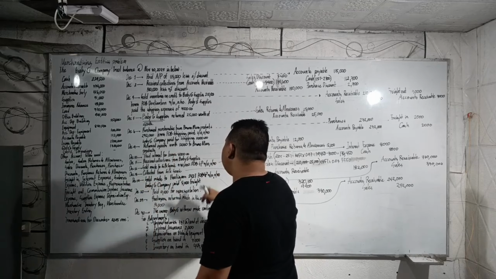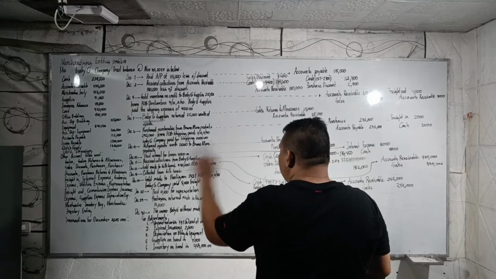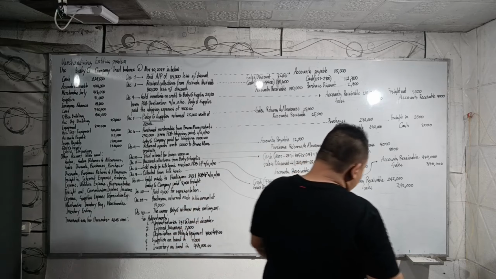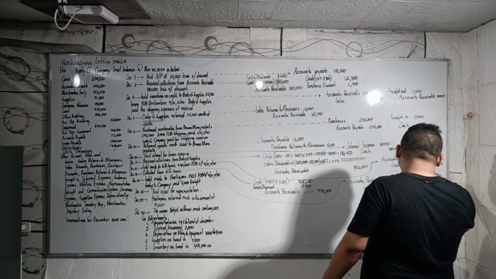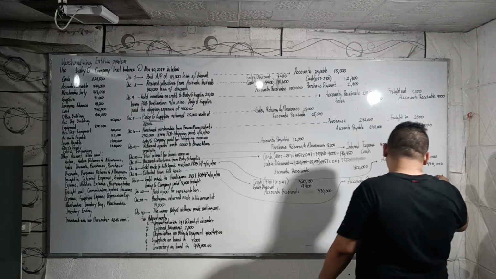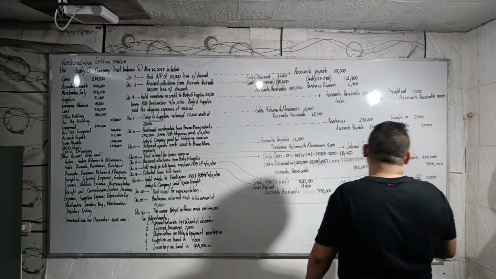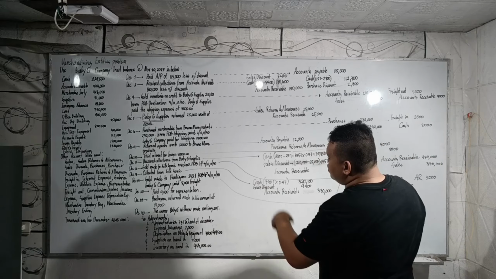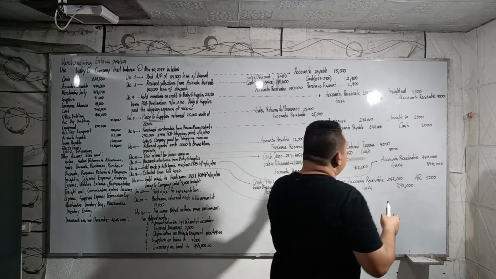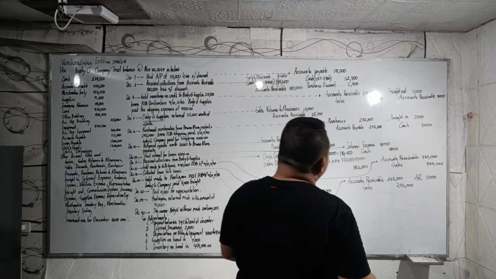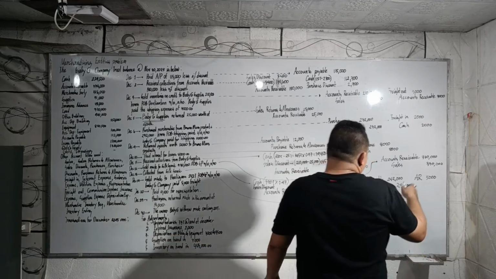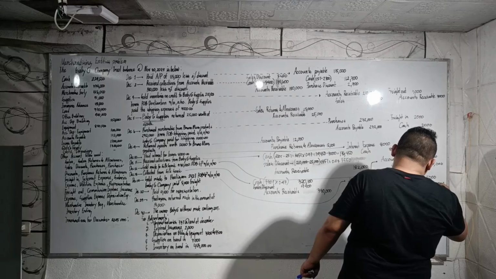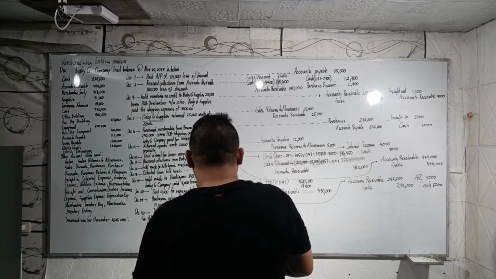As a seller, if FOB shipping point, the freight should have been paid by the buyer, and we are not the buyer. So we're not going to record any freight out. Instead, we're going to add that to their account. So debit, accounts receivable, 5,000. We have to collect it from them. So aside from 242,000, their debt will become 247,000, including the 5,000 freight that we have paid, when they were supposed to pay for the freight. Okay? So accounts receivable, 5,000, and then credit cash, 5,000. So that's the entry for December 19.